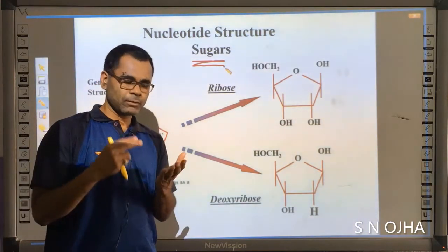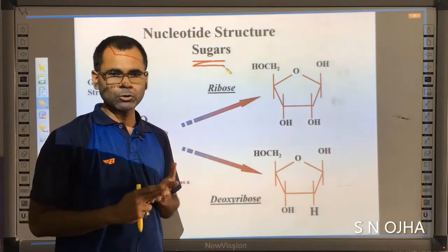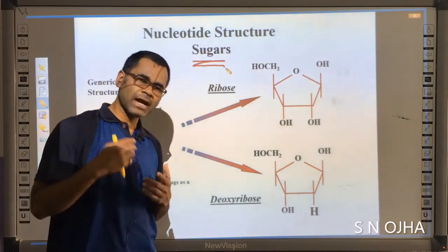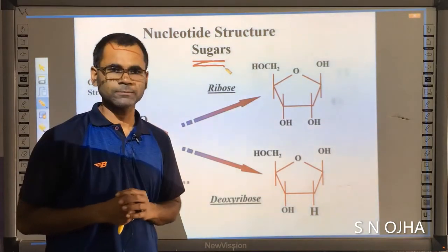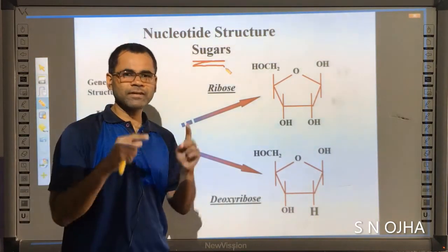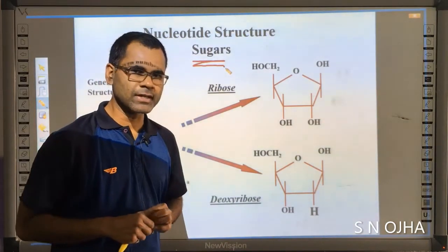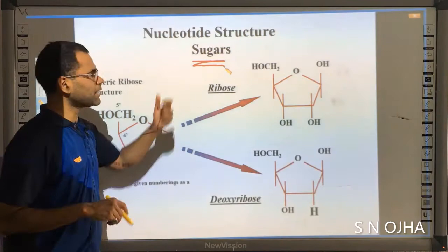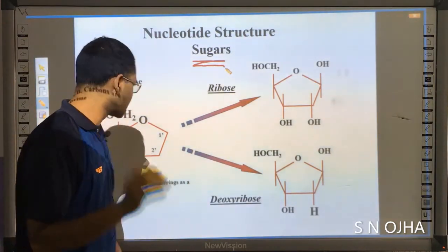Sugars can be triose, tetrose, pentose, hexose and so on. For example, glucose is a hexose sugar because 6 carbons are present, while 5 carbons are present in the ring of a pentose. Similarly, DNA has a pentose sugar, which means 5 carbons are present in the ring.